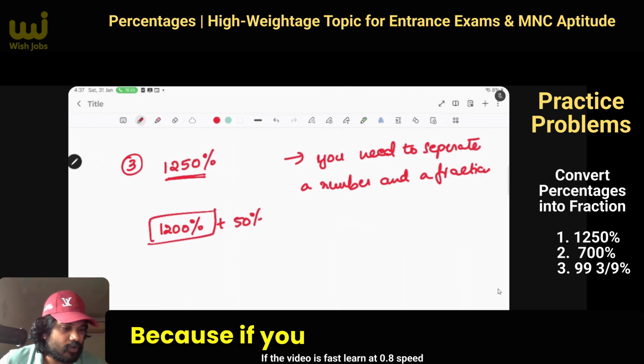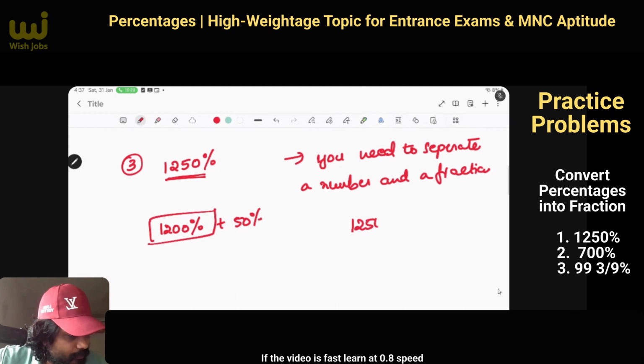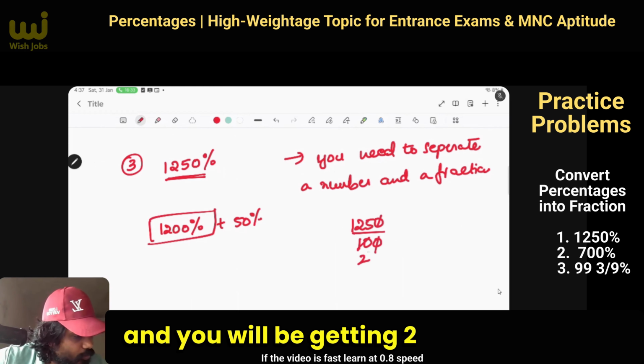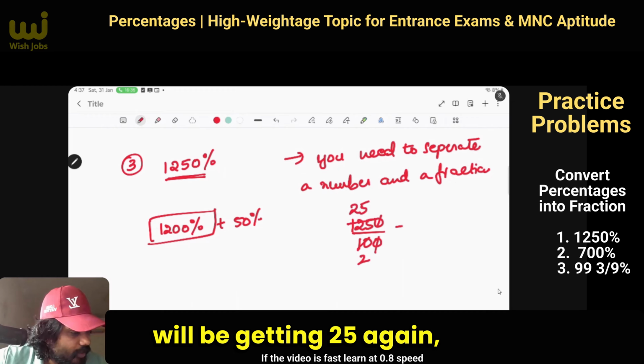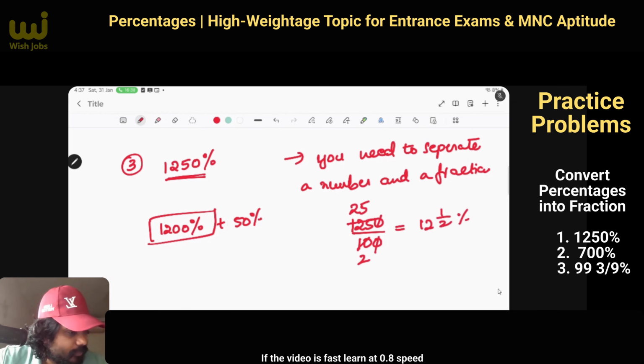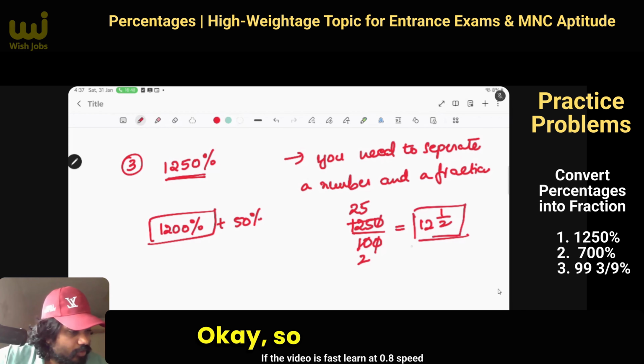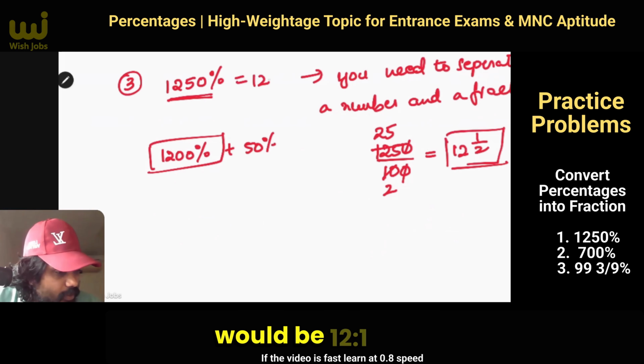Why? Because if you convert this 1250 by 100, you will get 12 1 by 2. In this method also, you will get 12 1 by 2 as a fraction. Okay, so this answer would be 12 1 by 2.